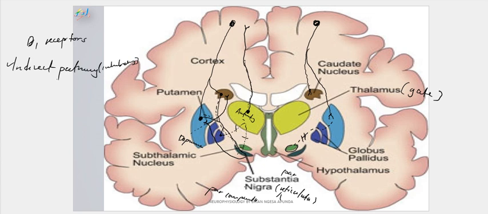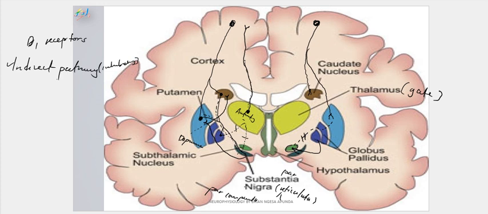So from here, because this is now excited, we are able to send excitatory signals from the subthalamic nucleus to the substantia nigra, specifically the reticulata, and again some of the excitatory signals, so that we excite our globus pallidus internus.